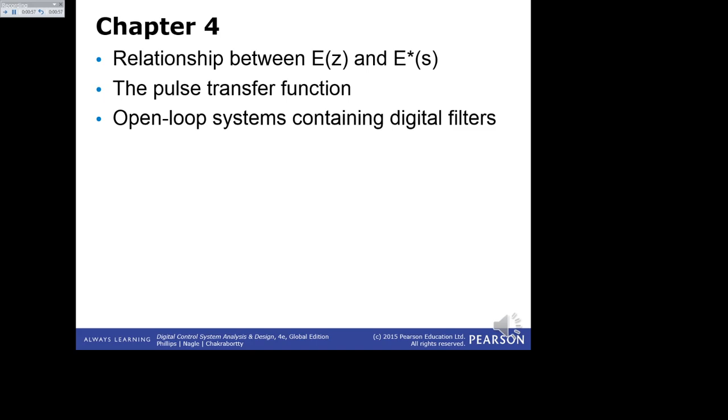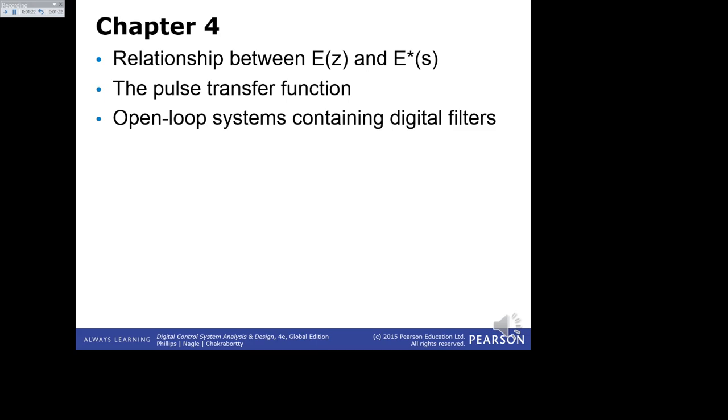Today we are going into chapter 4, which is the open loop discrete time systems. You are all aware that in the previous chapters, the topics of discrete time systems, Z transform, sampling, and data reconstruction were developed.